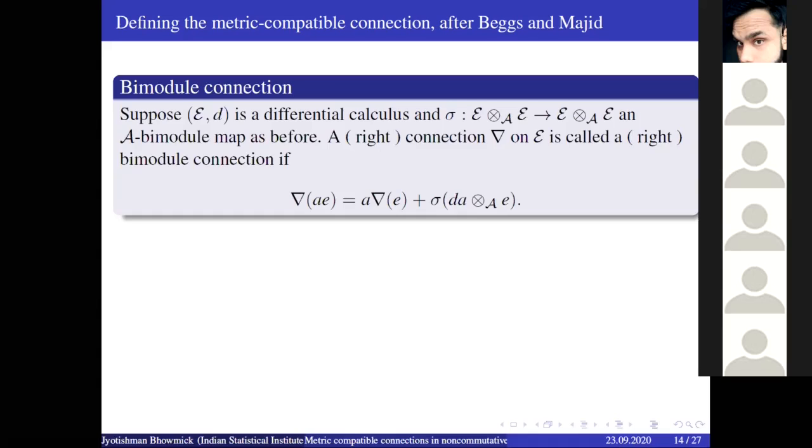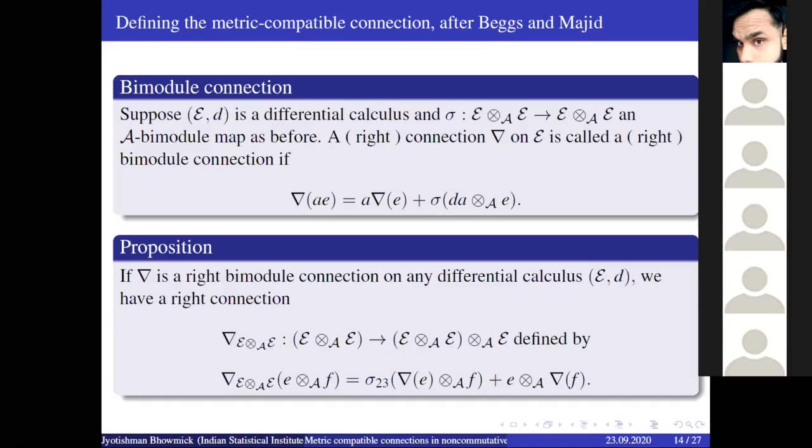So if you only consider bimodule connections, then you are applying some restriction on the class of connections. And note that the class of bimodule connections on E depends on the choice of the sigma, because sigma is applicable. Classically, there is no difference between connections and bimodule connections, but since in the non-commutative case the sigma is not a flip, the classes are different.